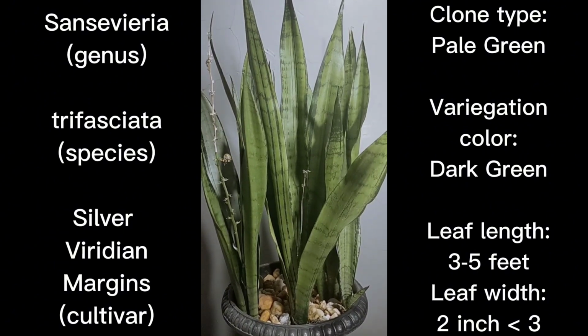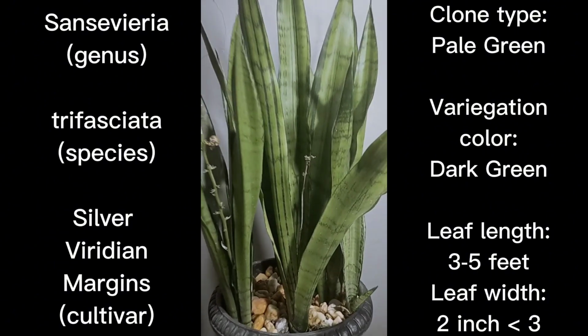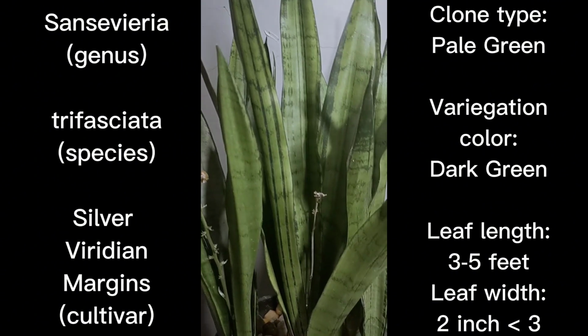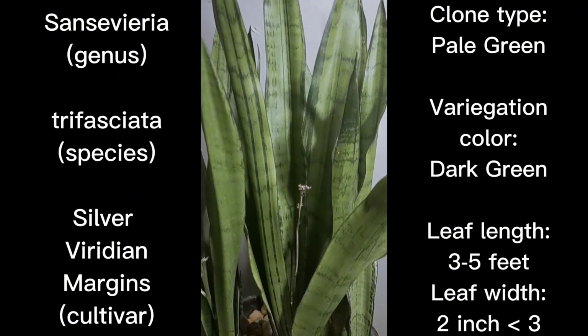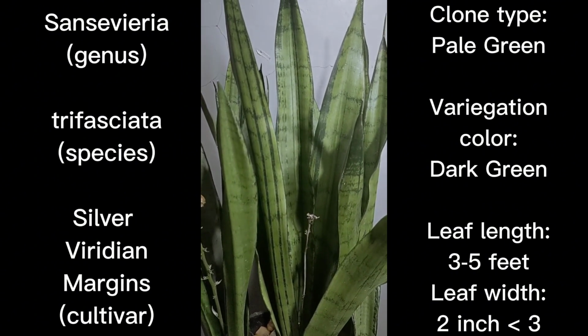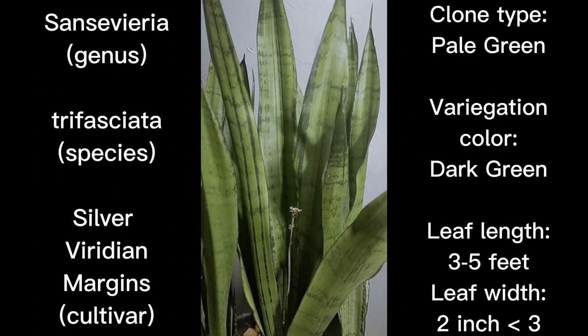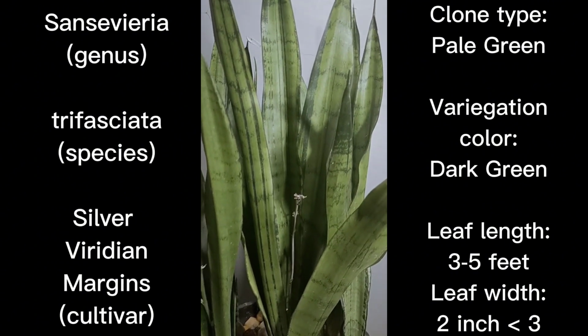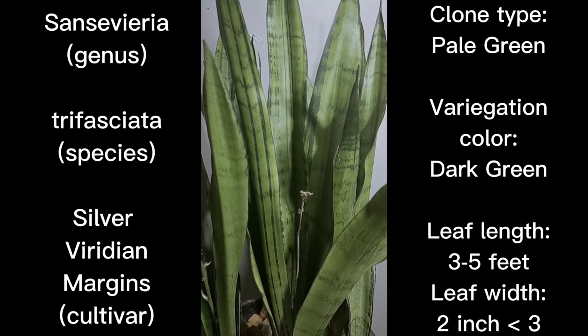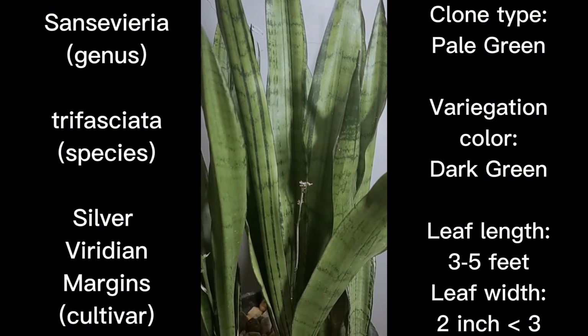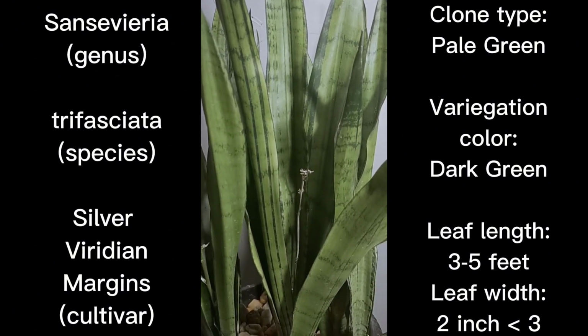Please do check them out if you have time. What I'm showing you right now is another cultivar, my own cultivar, and it is a full-length, full-size trifasciata, meaning it grows over 2 feet and may grow to about 5 to 6 feet.